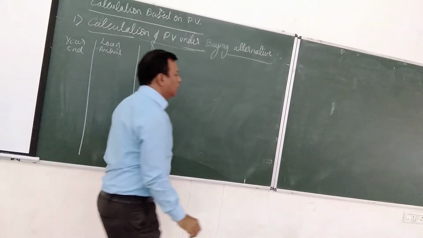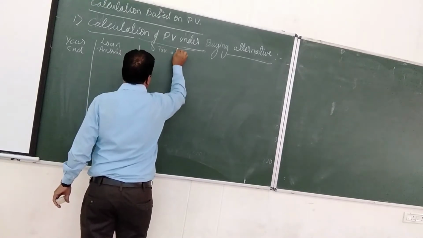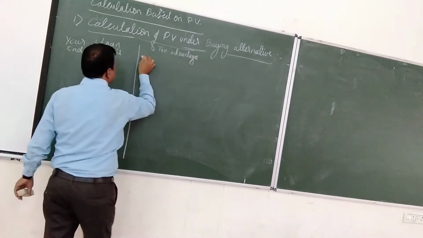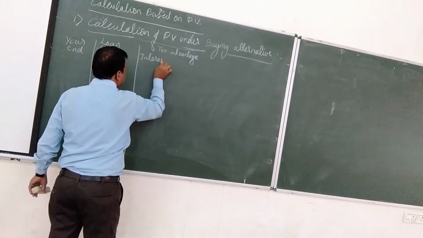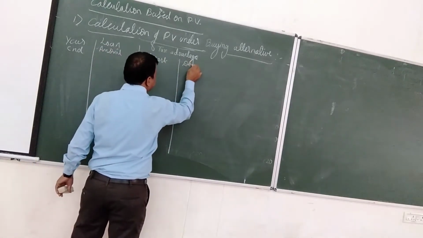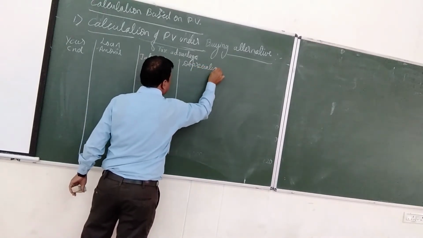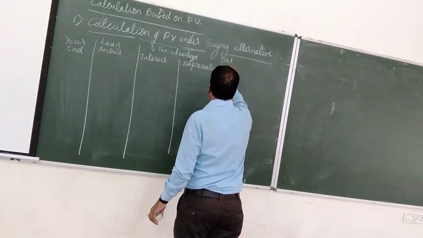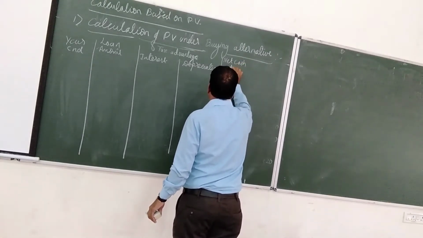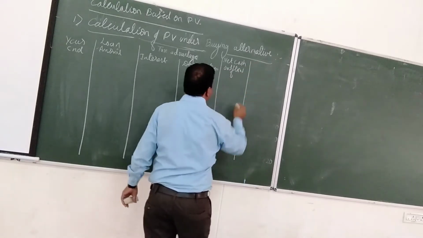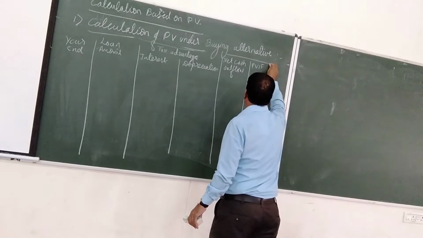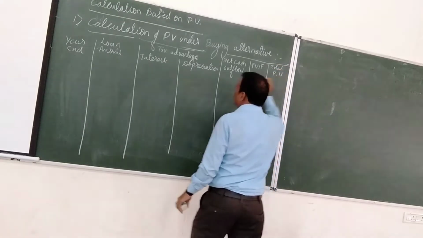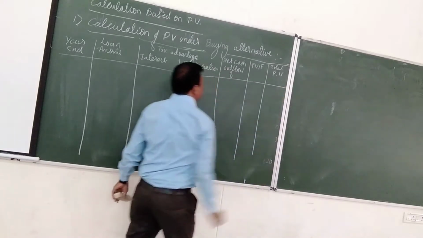Then tax advantage on one is interest, the other one is depreciation, then net cash outflow, then present value interest factor, then last we have total present value. Okay, this table we should get it ready.